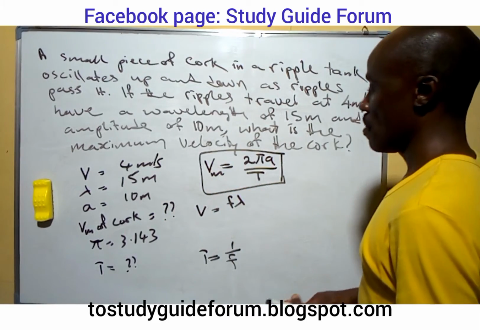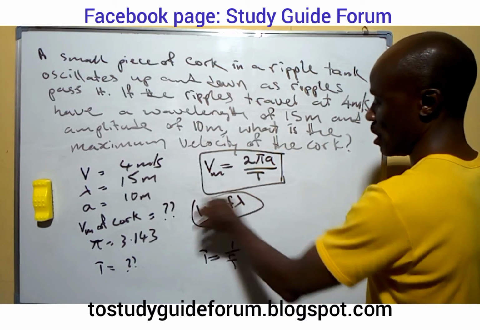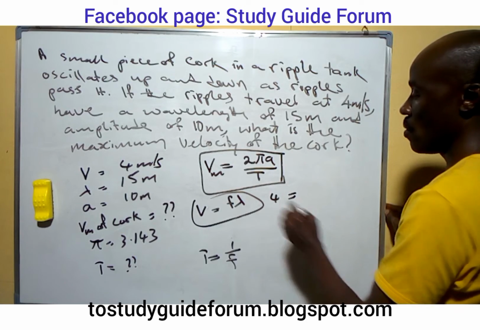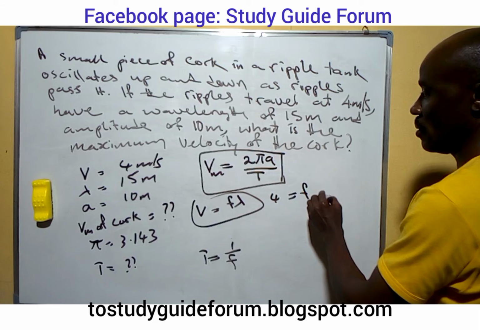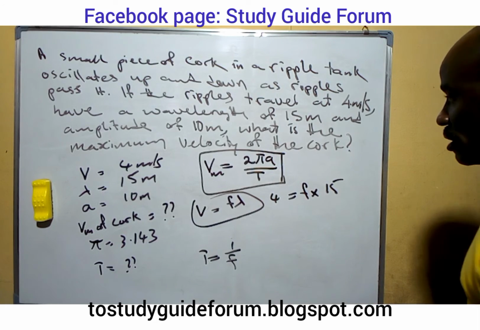So the velocity is 4 meter per second, equal to frequency times lambda, which is the wavelength, 15 meter.